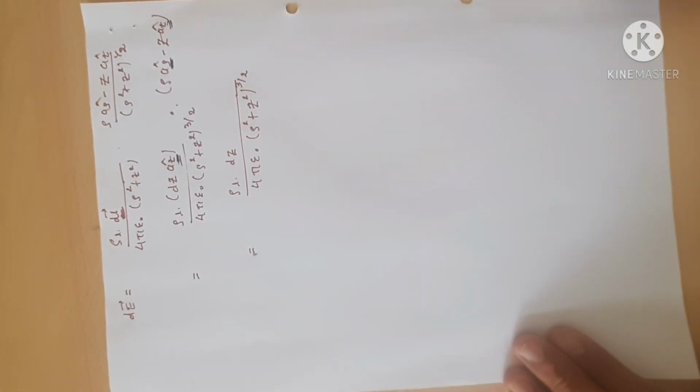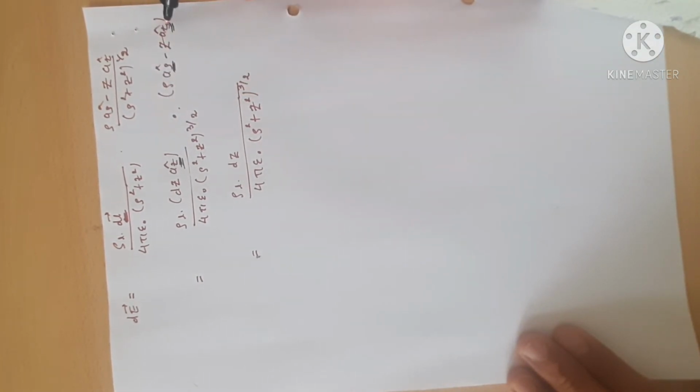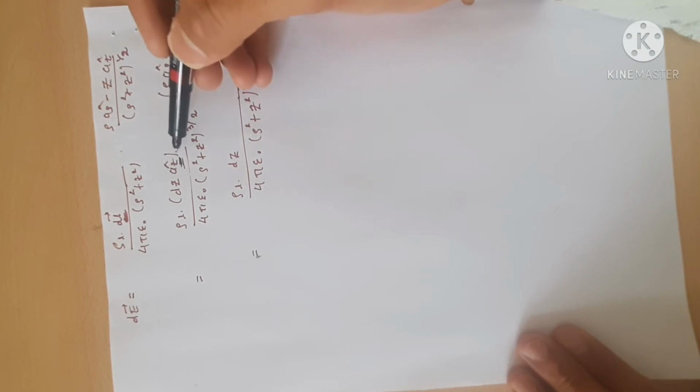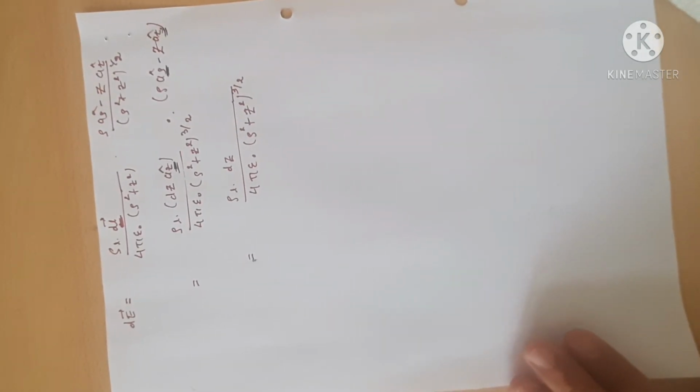Is it fine? If you do the dot product between az and az, the answer is 1, and if you do the dot product between az and arrow, the answer is 0. Okay, fine.